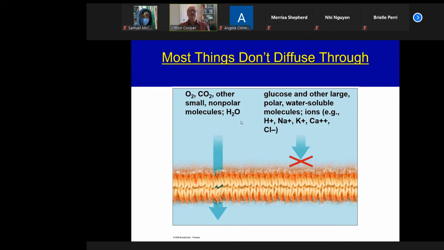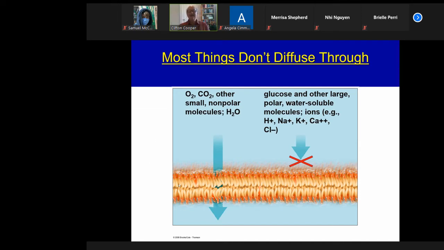Now, the thing that's a little confusing here is that water molecules do it too. Even though we have this water-repelling double layer here, water still gets through. Water is about the same size as the other molecules, and molecules are colliding fast with each other. They're banging into each other. They're bouncing around. At body temperature, these molecules are moving pretty quickly.